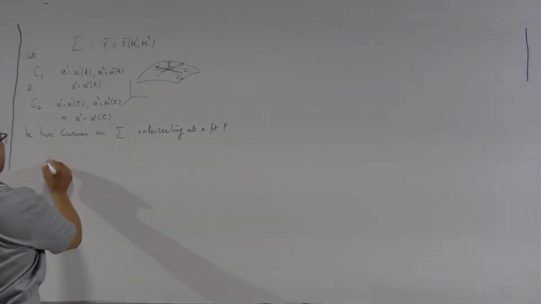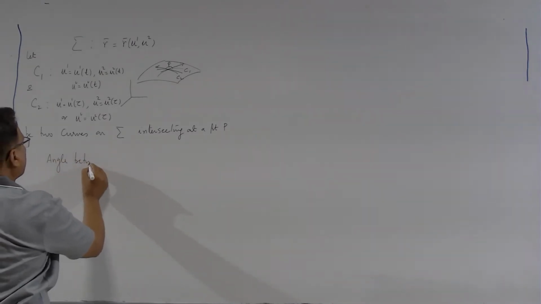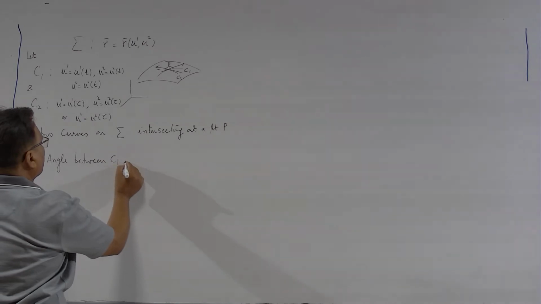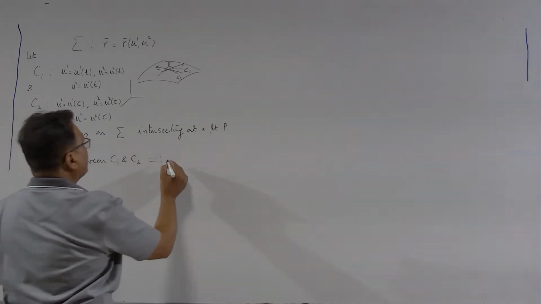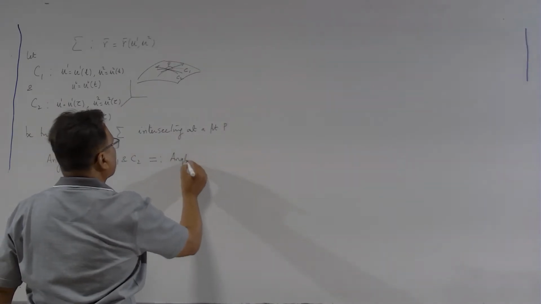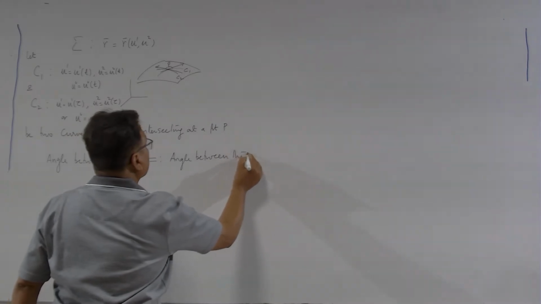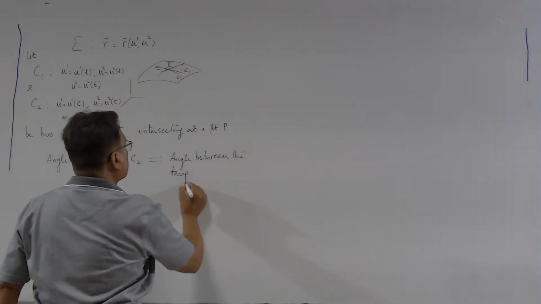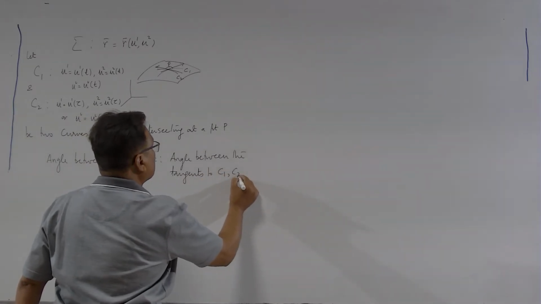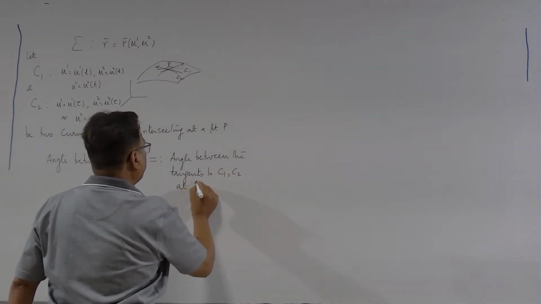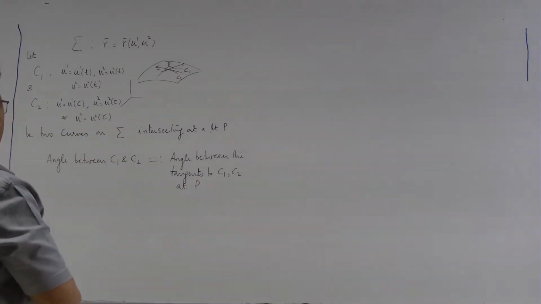So the angle between C1 and C2 is defined as the angle between the tangents to C1 and C2 at P. This is how we define the angle between two curves.